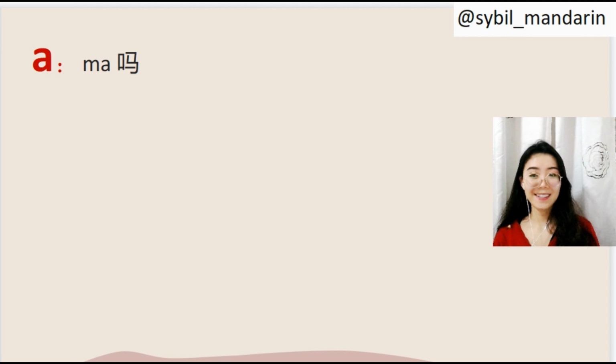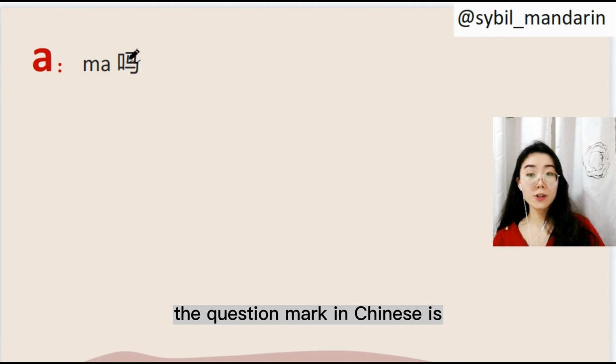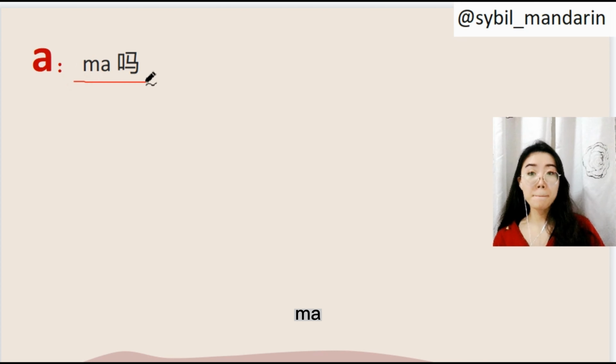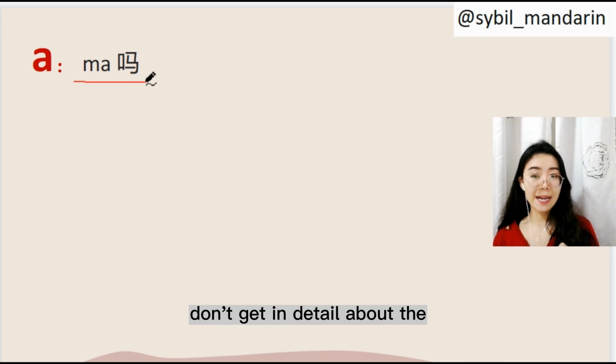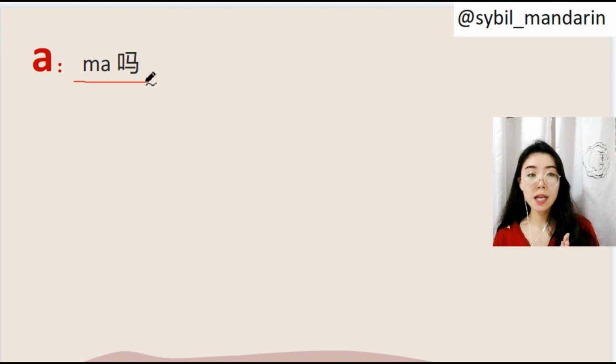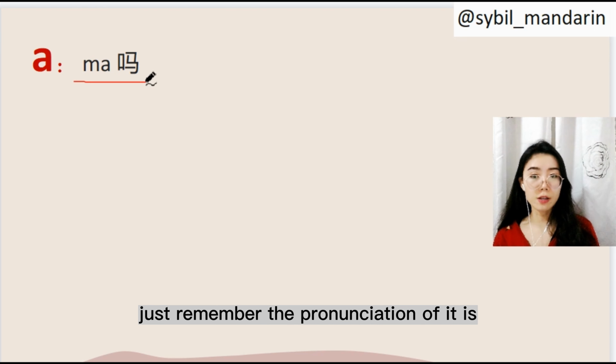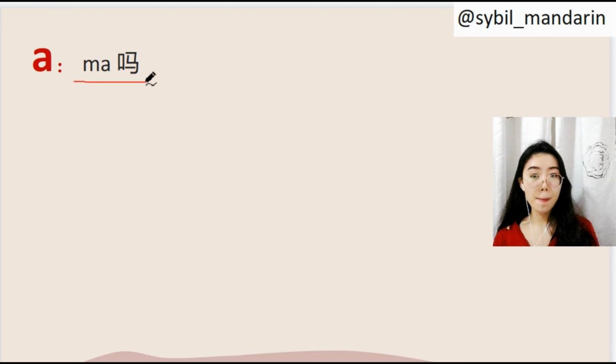One word containing this pronunciation is the question mark in Chinese, ma. We'll look at its meaning in detail later in this class. But for now, just remember the pronunciation of it is ma.